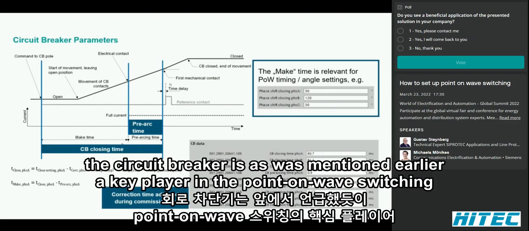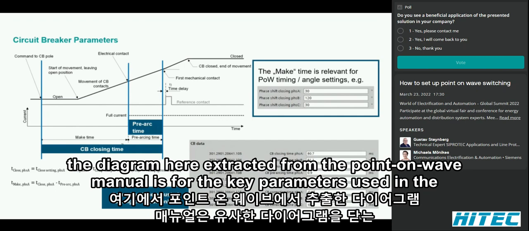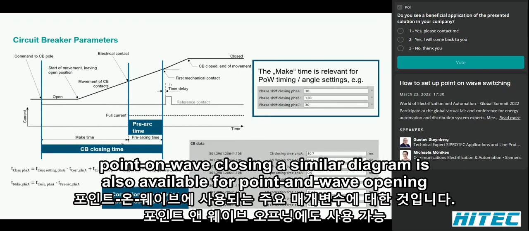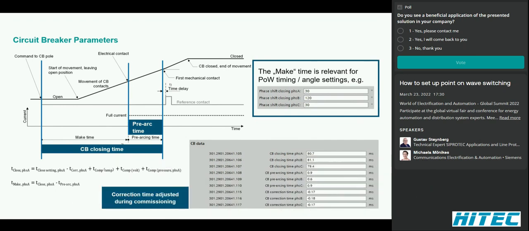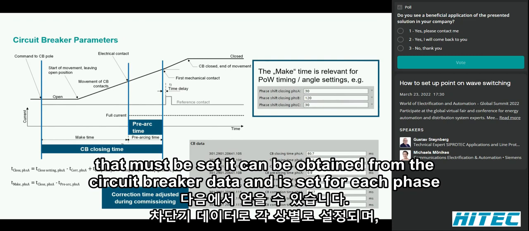The circuit breaker is, as was mentioned earlier, a key player in the point-on-wave switching. The diagram here, extracted from the point-on-wave manual, shows the key parameters used in the point-on-wave closing. A similar diagram is also available for point-on-wave opening. The closing time, highlighted in the bar in the middle of the diagram, is the first value that must be set.